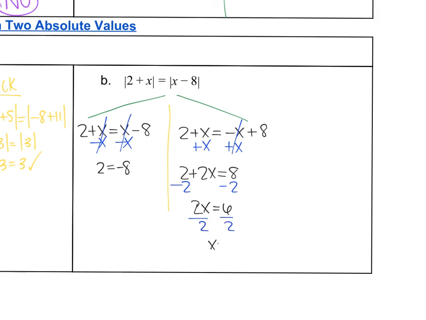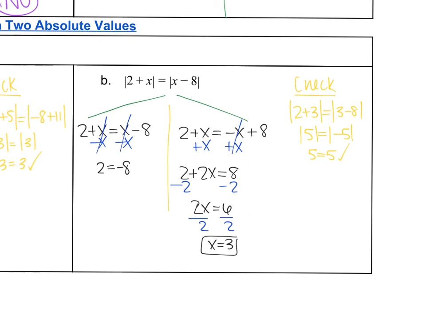And I'll get x equals 3. Really quick, let's check that. So that'll be 2 plus 3 equals 3 minus 8. That's the absolute value of 5 equals the absolute value of -5. So that's 5 equals 5. It checks out. So that's solving absolute value equations.